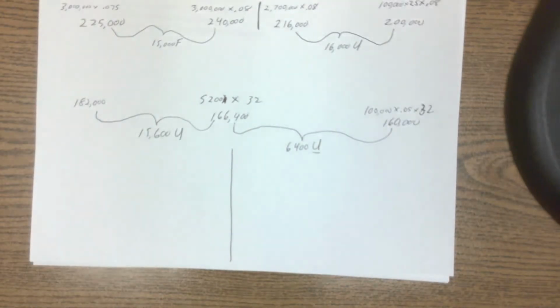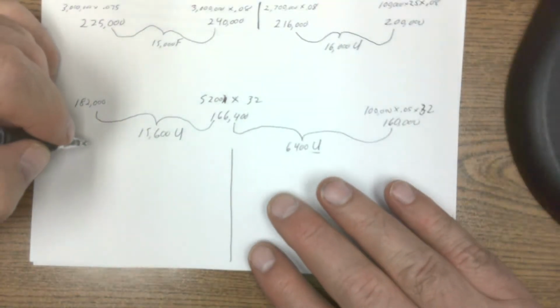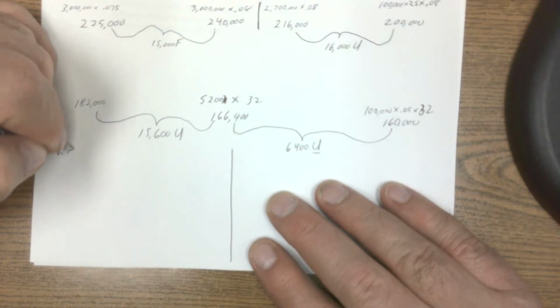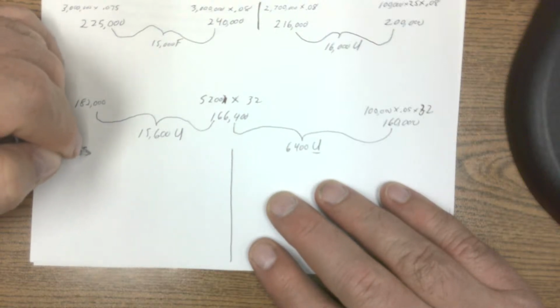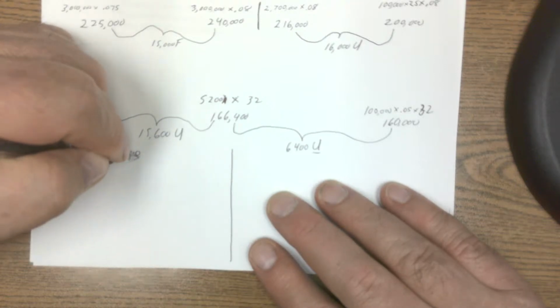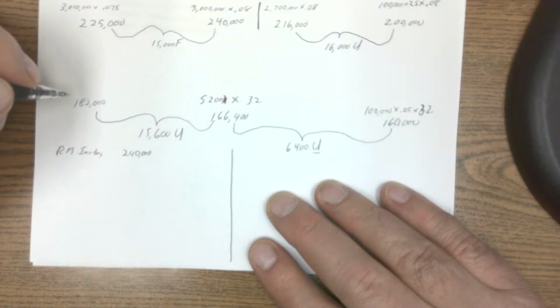Okay, so at the time of purchase, we're going to have raw materials or direct materials inventory at 240,000.